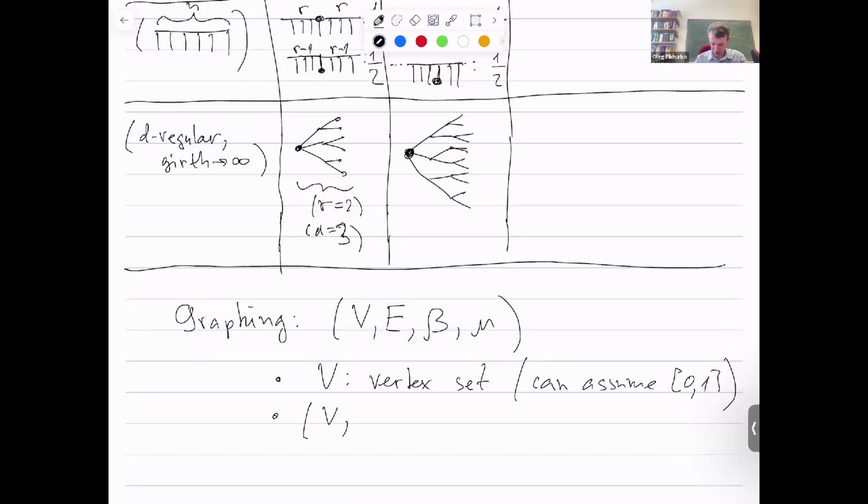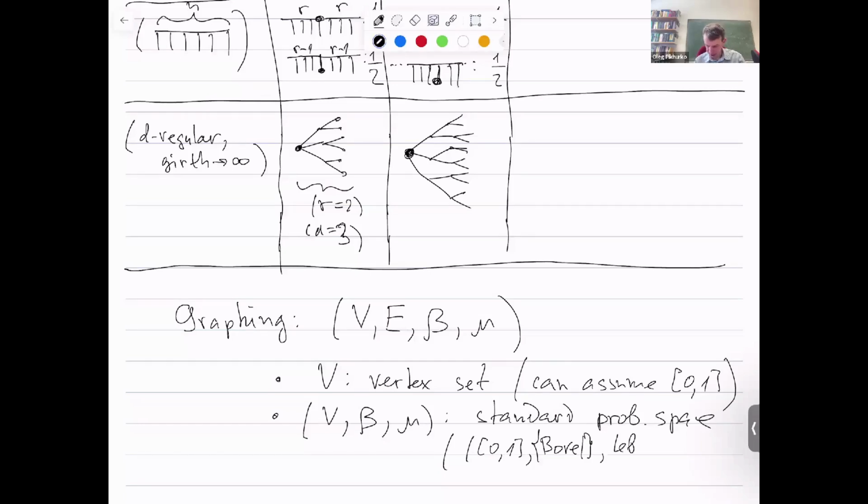Then if I look at (V, B, mu), this would be a standard probability space, and again you can assume this is just the unit interval. B is the set of measurable sets, these are just Borel sets, and mu is Lebesgue measure, or the uniform measure on the interval.